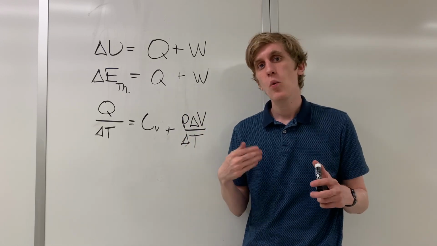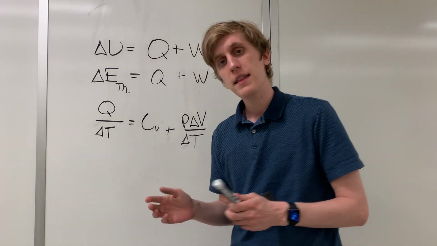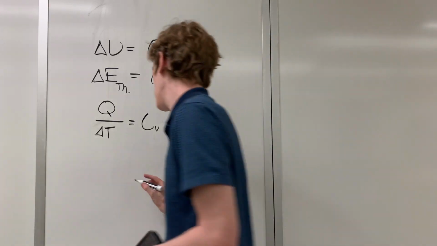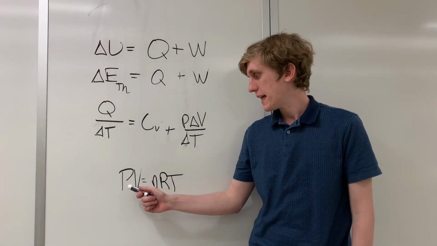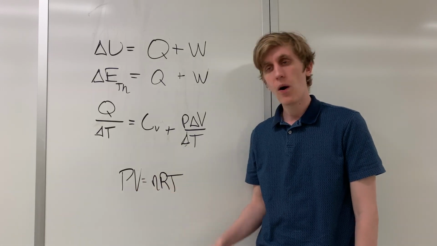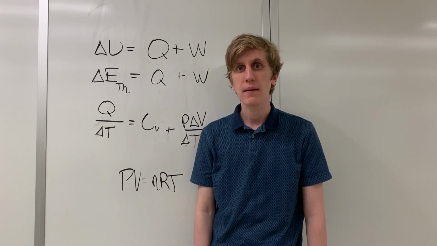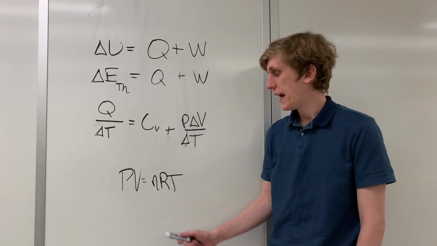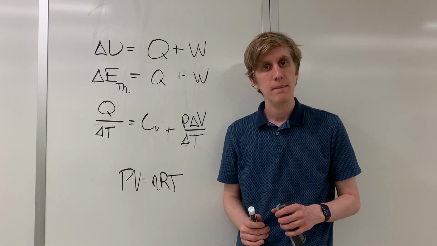Well, to find that, we need to use the ideal gas law one more time. The ideal gas law says this. In this example, we're assuming that pressure, N and R are constant, while V and T are changing. So if this is the case, then what is P times the change in volume?